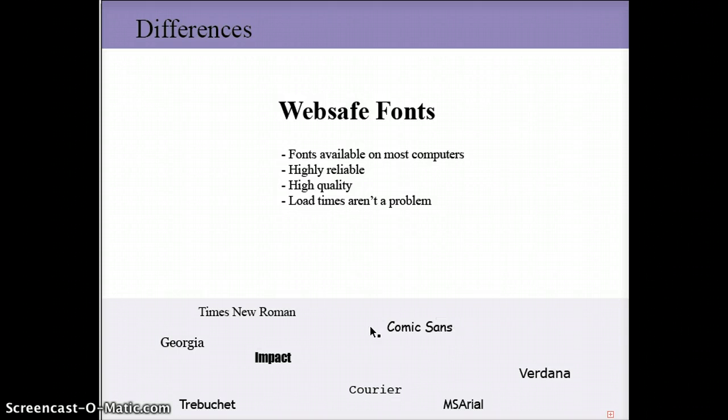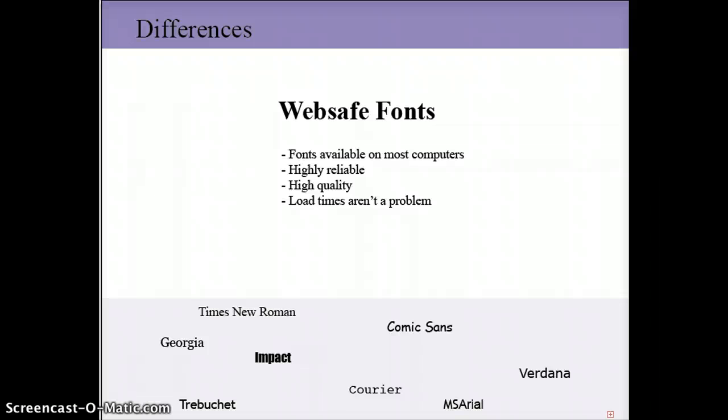What is different between these three, Comic Sans, Courier, and Impact, is they have special uses. Comic Sans is, as the name suggests, mostly used for comic books, so you can't really use these for professional web pages and that kind of thing because of the connotations that it has.